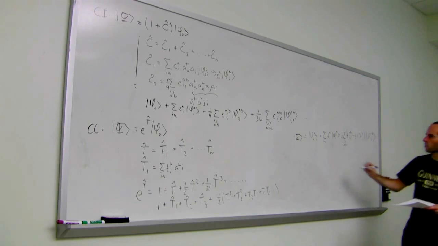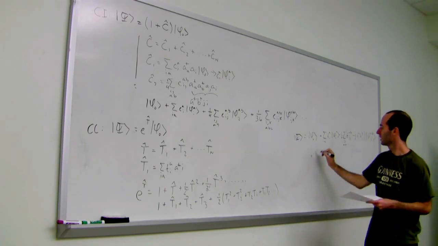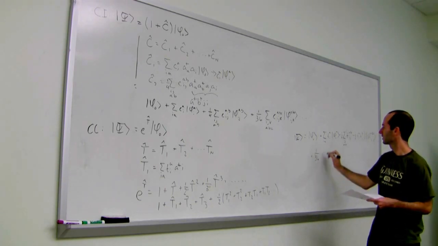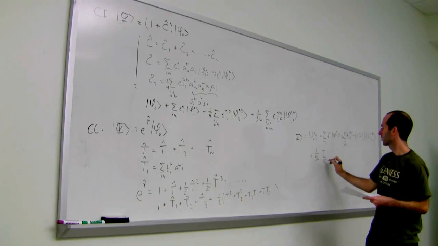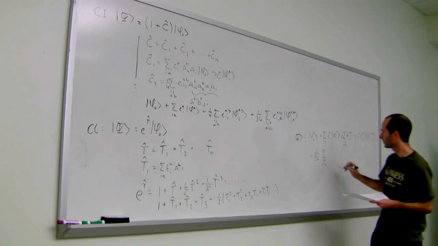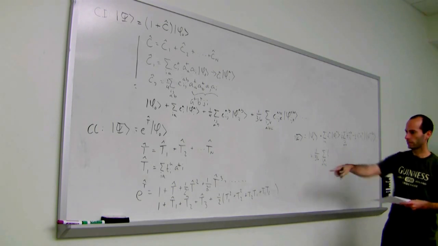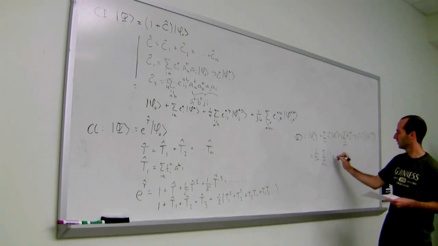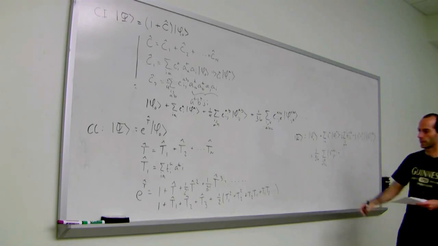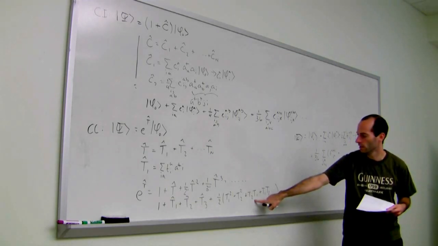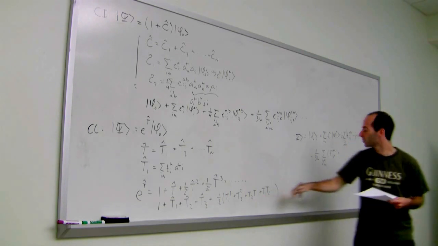I'm only going to do this for one more, and then I'll stop. 1 over 36, sum over triple excitations, A, B, C. So here we'll have the linear term T3, IJK, A, B, C, plus we can have a product of T1 and T2. These guys commute, so I'm going to combine them with each other.